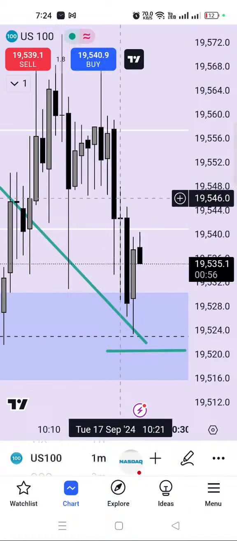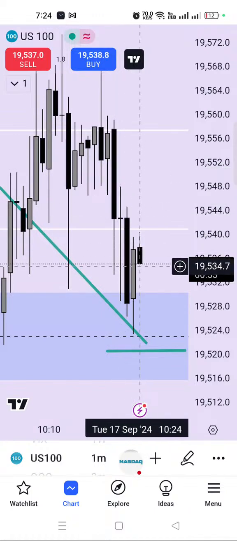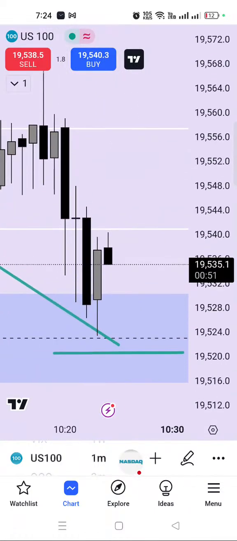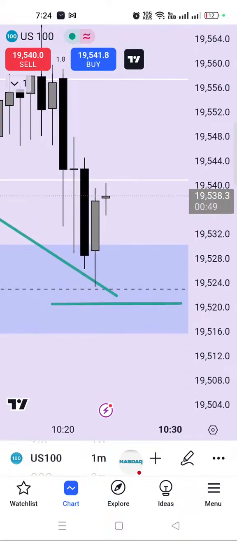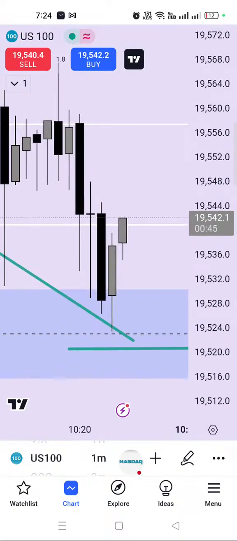You see this? These three candles. Six minutes till the 15 minutes close. Another volatility increase, the 30 minutes will close. We'll see a volatility spike.